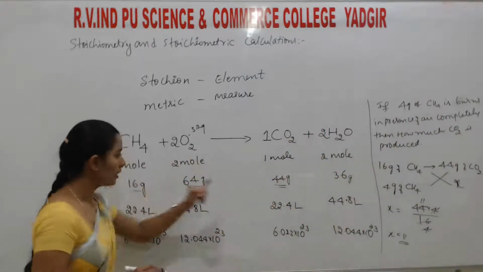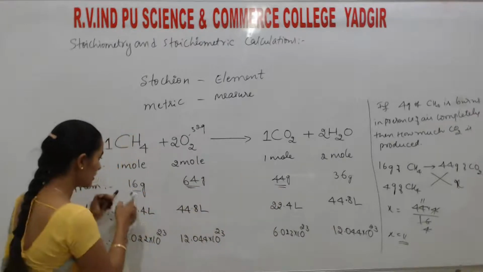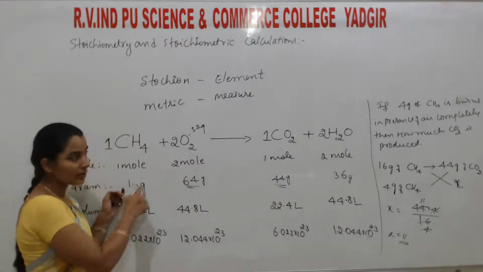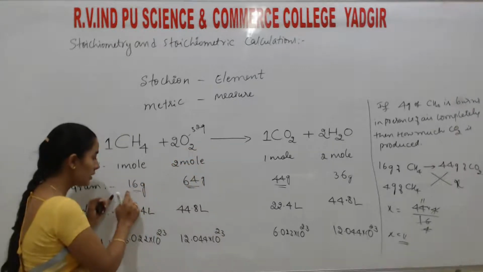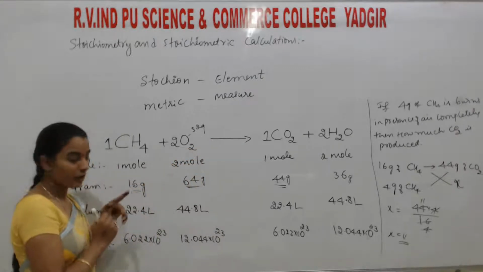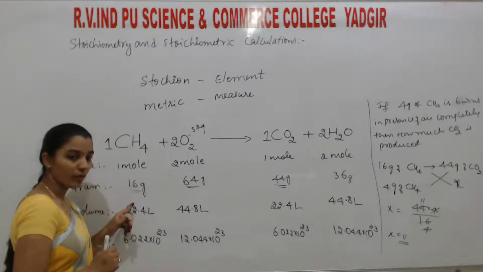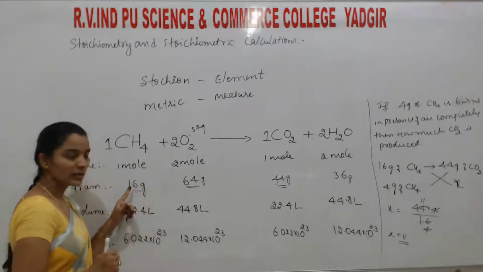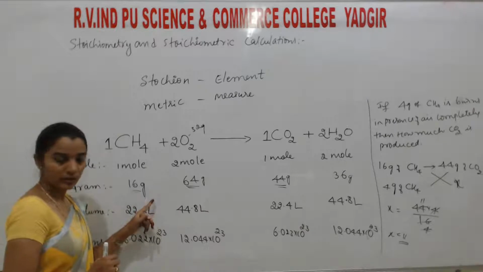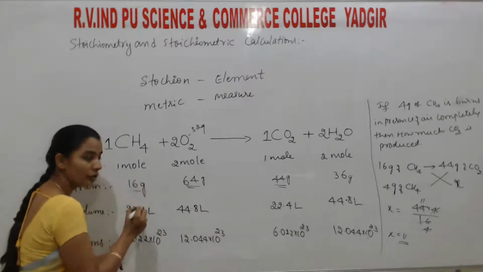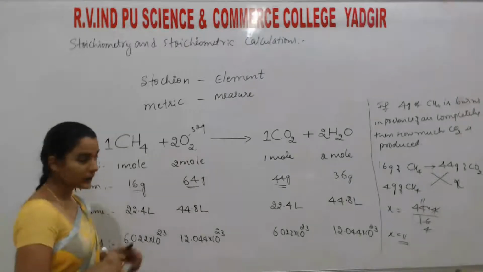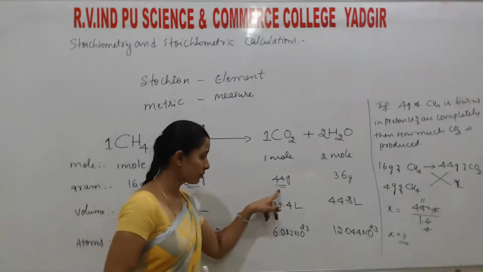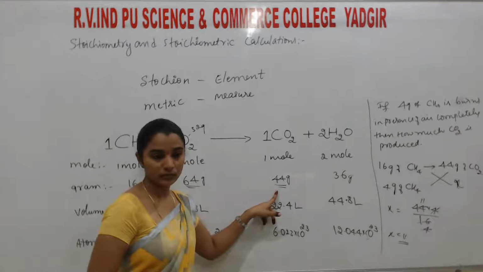By seeing here only, you can easily compare, students. Listen here, 16 gram, and they gave 4 gram. Correct? So this is divided by 4. If you divide 16 by 4, 4 is the answer. So this term is divided by 4 to get that value. Correct? Next, here 44 is there.